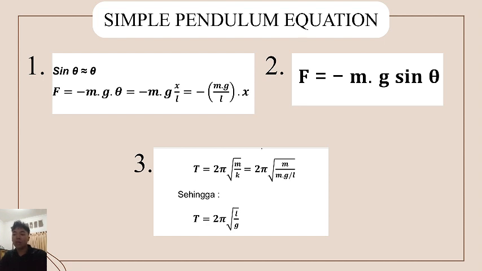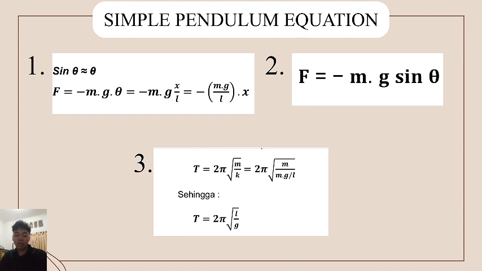in meters. Number 2 is the equation for the restoring force of a simple pendulum. That's F for the restoring force acting on the pendulum bob, and M the mass of the pendulum bob. G is the acceleration due to gravity, and theta is the angular displacement.